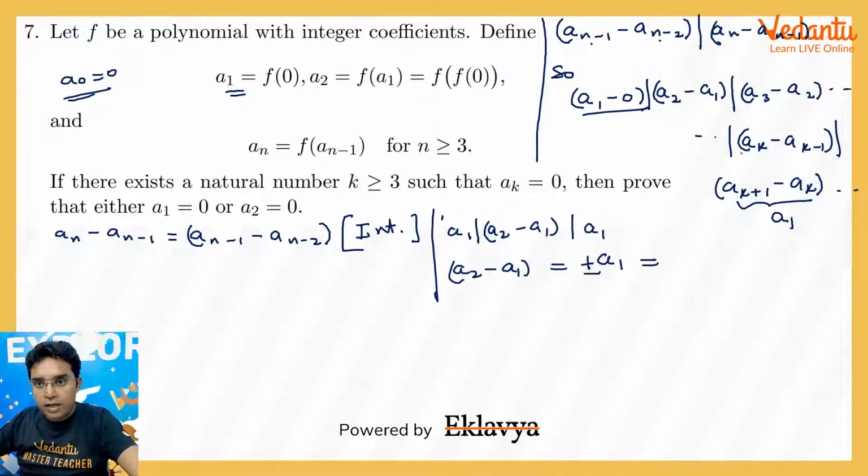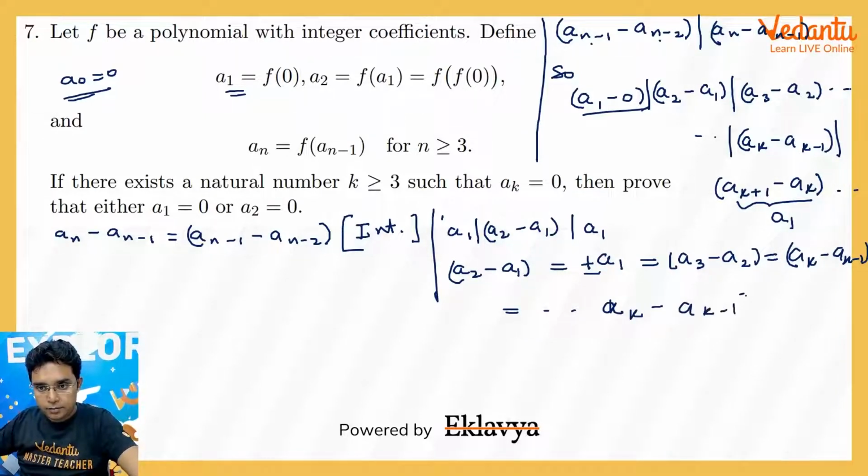Not only a2 minus a1, all these terms that are lying in between, they will also be like this. a3 minus a2, up to ak minus 1, they all will be either a1 or minus a1, and so on. I will write till ak minus 1.